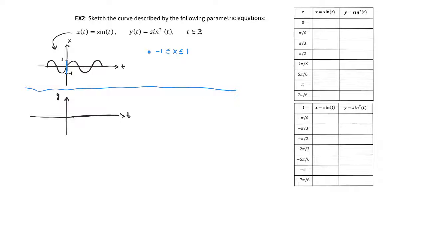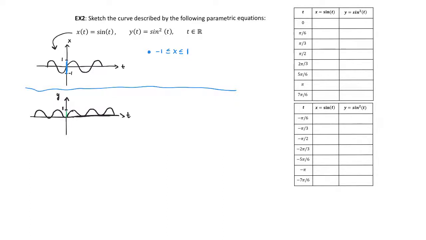That means that the curve should behave like this, something like this. And the same thing over here, something like that. So when I look at this graph, I see that the lowest y value achieved will be 0 and the highest y value achieved will be 1.